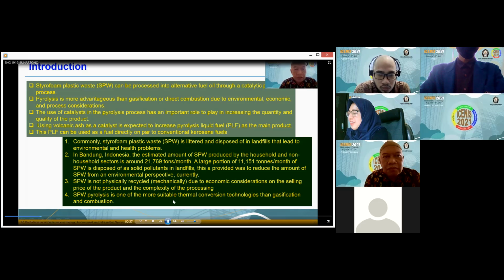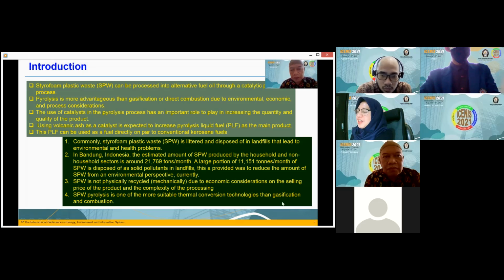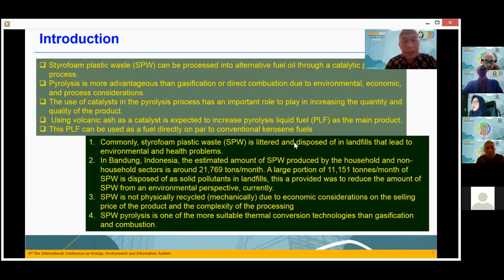So the styrofoam plastic waste can be converted into liquid fuel through pyrolysis. Pyrolysis is one of the most suitable thermal conversion technologies compared to gasification and combustion.